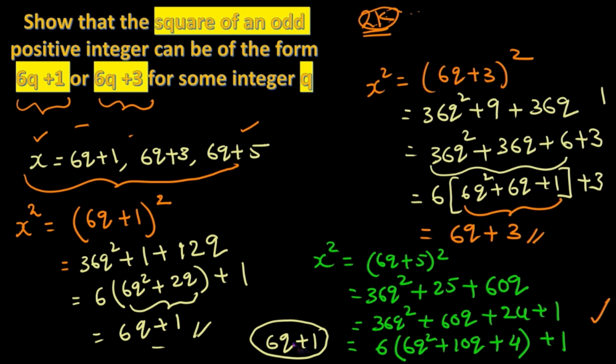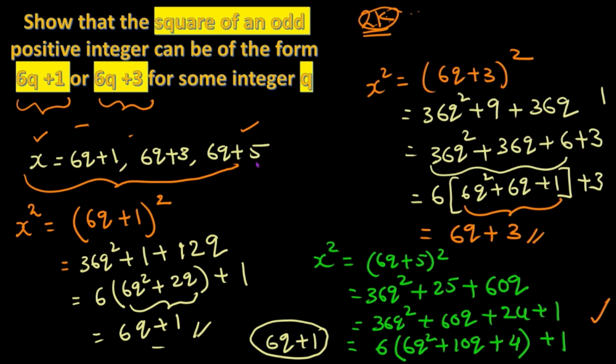So what we checked is, if x is an odd number and we divide by 6, we have eliminated the even number possibilities of x, and we are keeping only the odd possibilities of x, and we are getting the remainders 1, 3, 5.